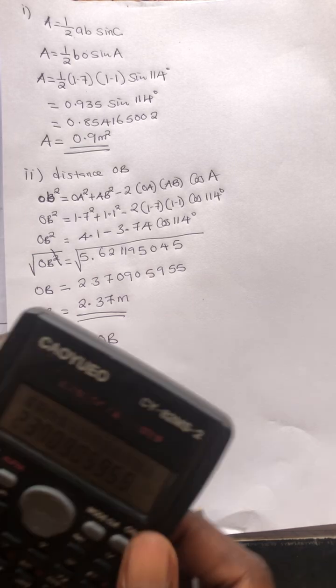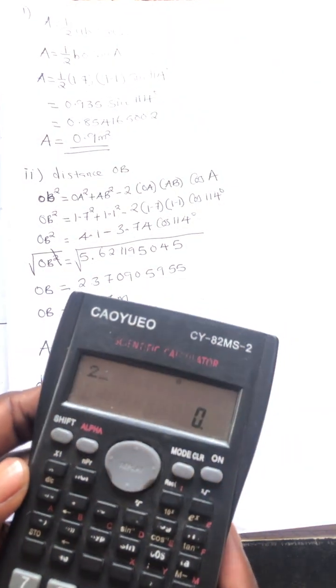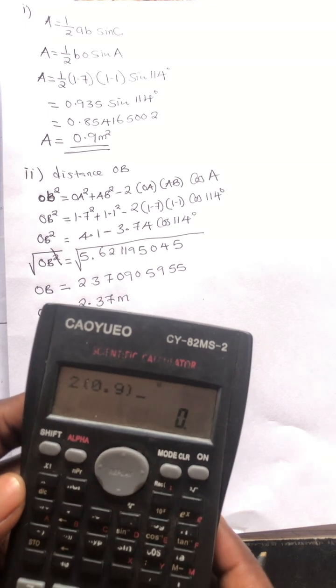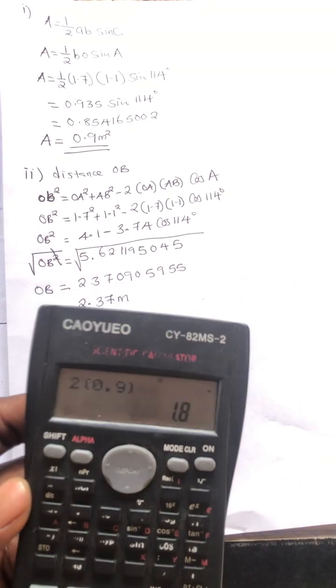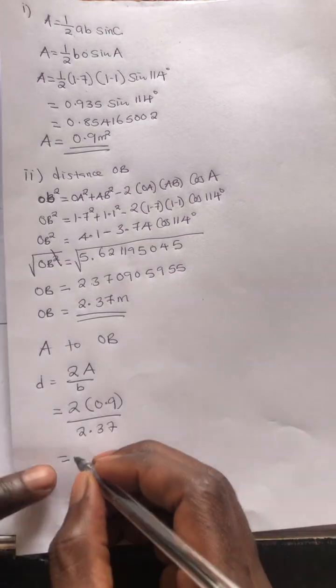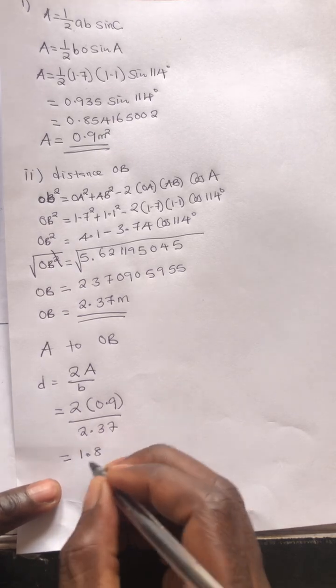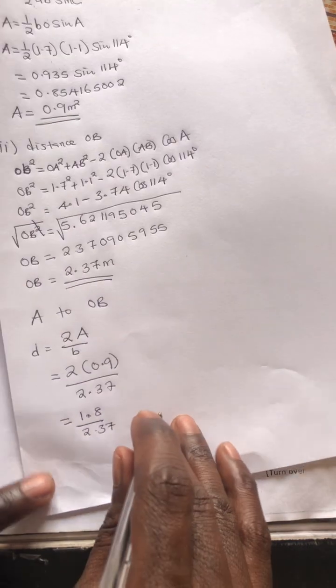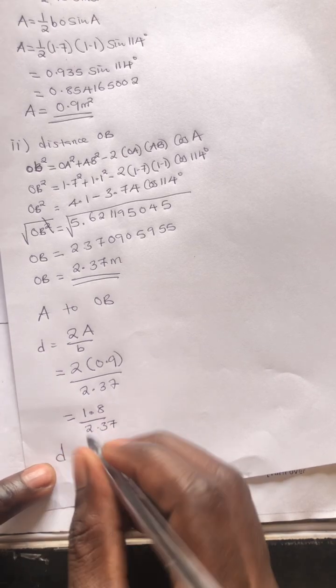Then we multiply 2 by 0.9, which is giving us 1.8. So we are saying 1.8 divided by 2.37. Then what is our shortest distance?